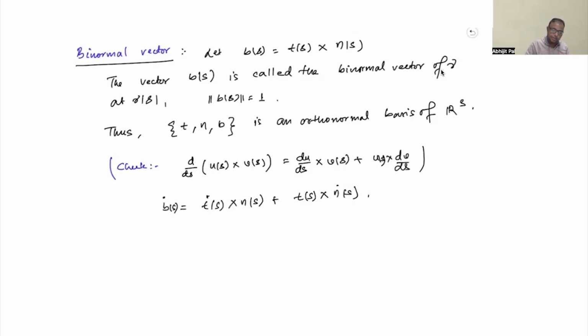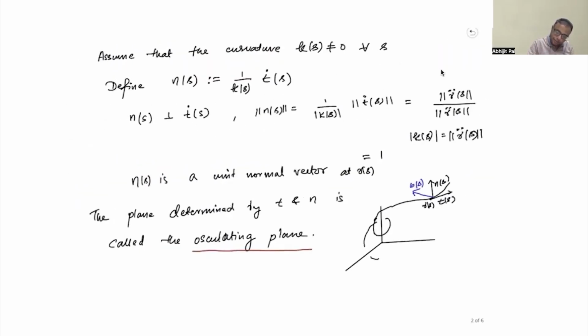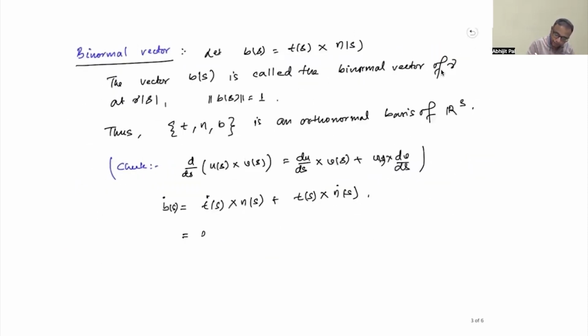Okay, so we have this thing here, and T dot(s), we know from here that it is equal to k(s)N(s), plus again this term. The first term here is equal to 0 because if I take any vector, N cross product with N is equal to 0, so therefore this is equal to 0 plus we have this thing.